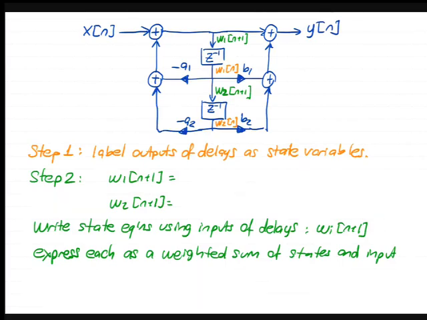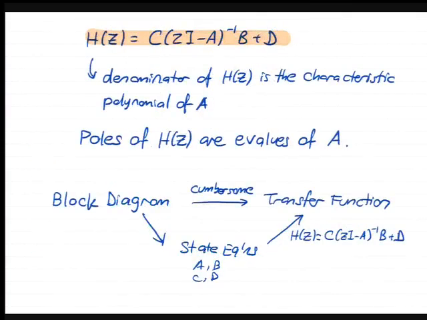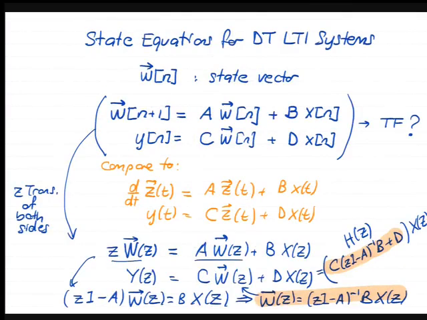Okay, so let's concentrate. So I want to write W1 of n plus 1, right? And I want to express this in terms of nothing but x and the other w's at time n. N plus 1 is not allowed, just n, right? Why? Because I'm going to have to bring these equations to this form here, right?